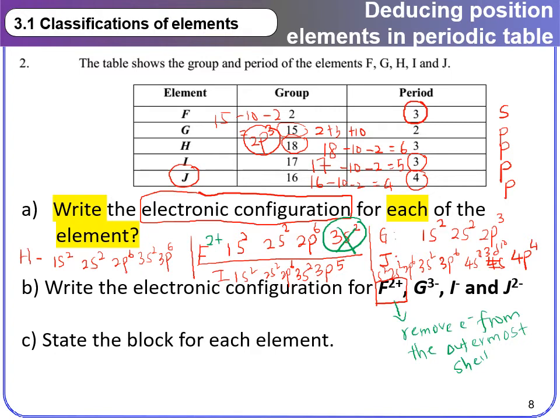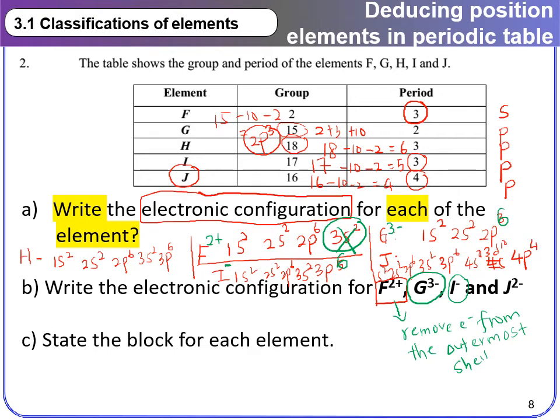Next one is G3-, which means gaining 3 electrons. So after gaining 3 electrons, 2p3 will become 2p6. Okay, I- gains 1 electron. 3p still has space, so we can fill one more electron because the maximum is 6. So it will become 3p6.